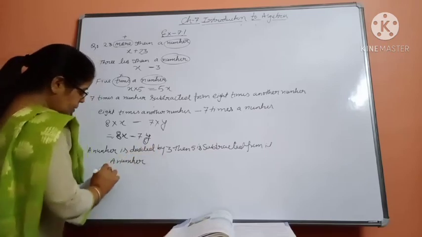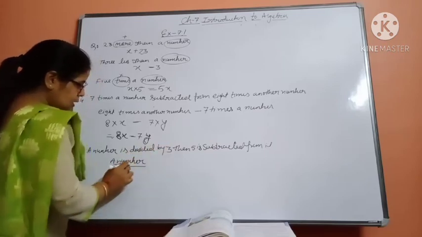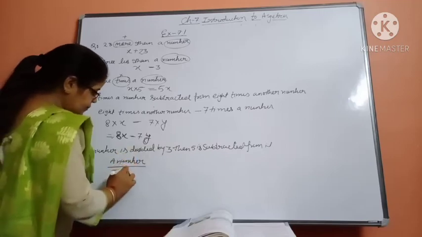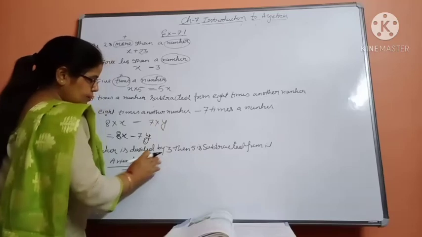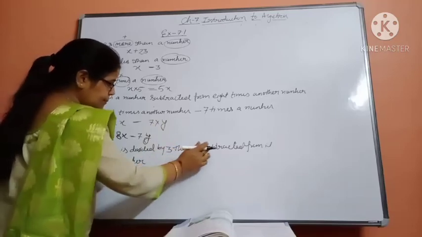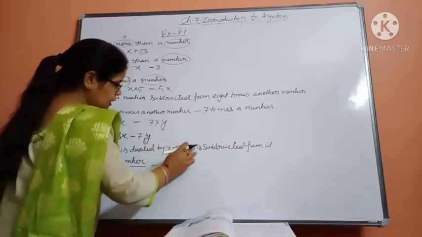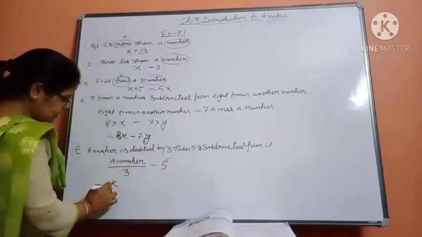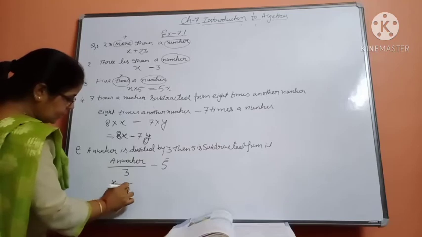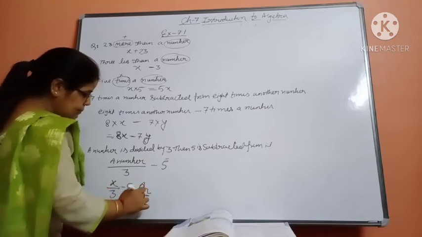Then afterwards 5 is subtracted. Subtracted means minus. How much do we have to subtract? 5. A number means you can take x. So x upon 3 minus 5. This will be your algebraic expression.